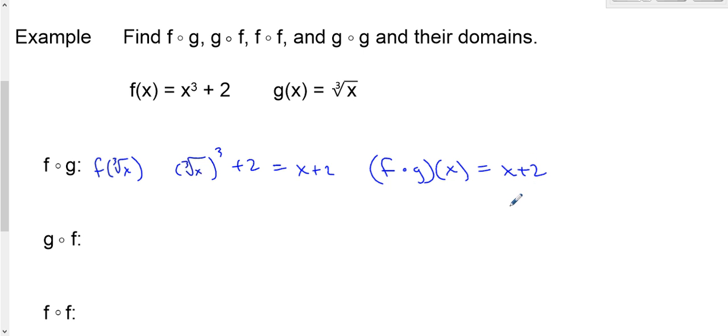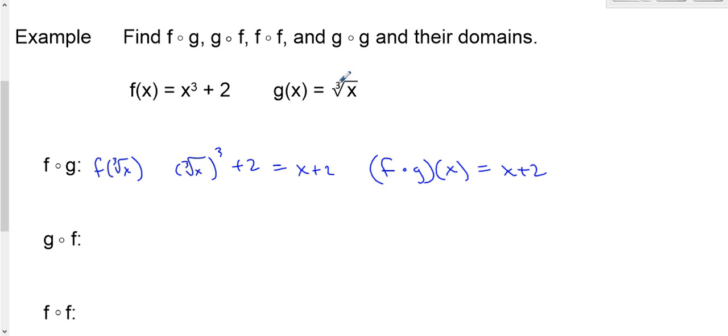Now the domain, you have to look at the combination of x cubed plus 2 and the cube root of x. Well, there are no restrictions on either one of these. There's no radical and no fraction for f of x, and the radical for g of x is a cube root, which is no restriction.